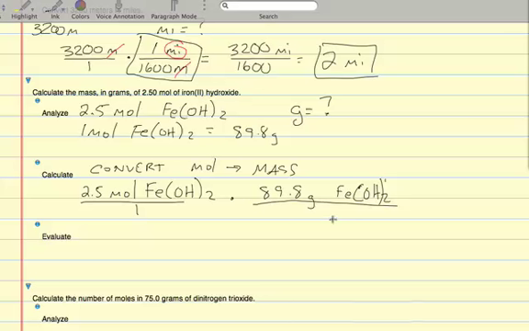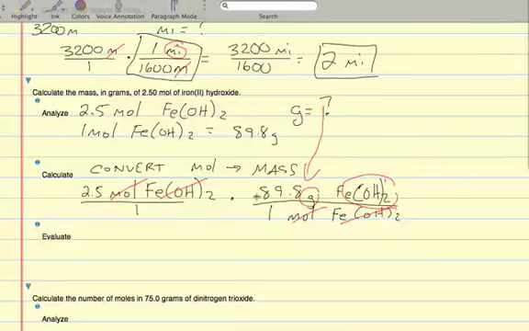So I want to make sure that I have the conversion factor with moles in the denominator in this conversion term. And so when I go back through and cancel out my labels, I have mole canceled out here and here. I actually could cancel out the FeOH2 as well, and I'm left with these two labels, grams and FeOH2. And again, I was trying to solve for grams, so I can see that I've done the correct conversion factor.